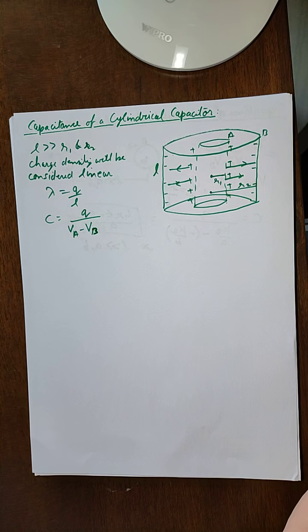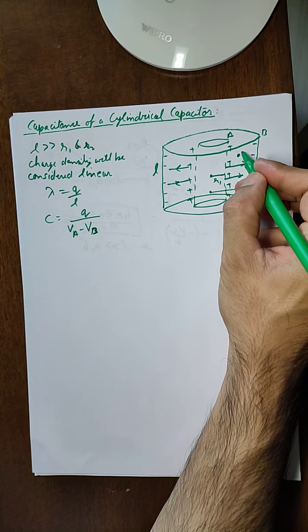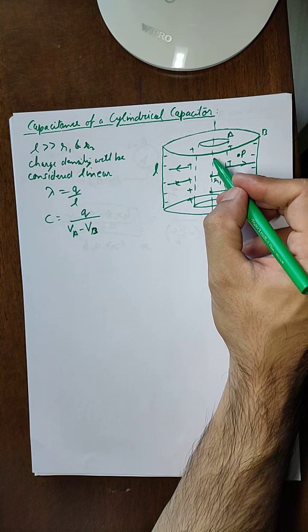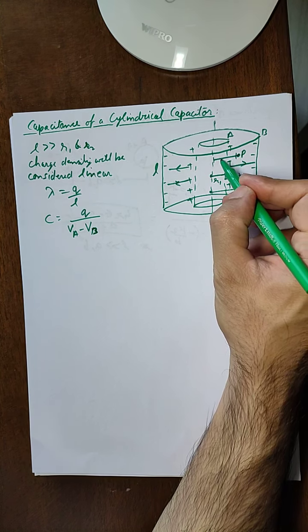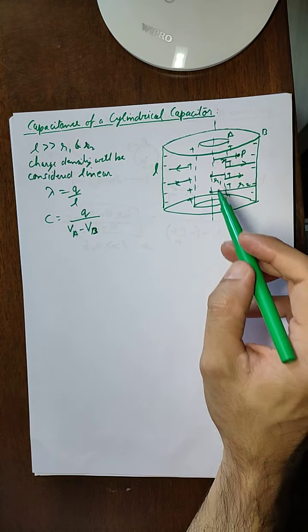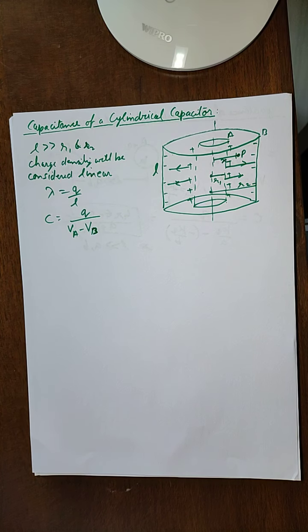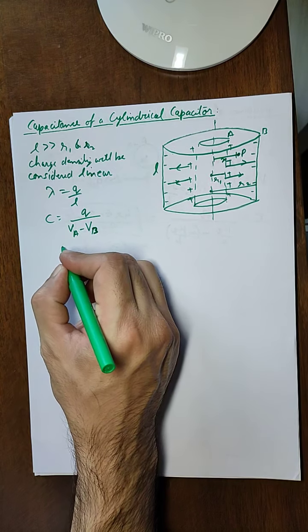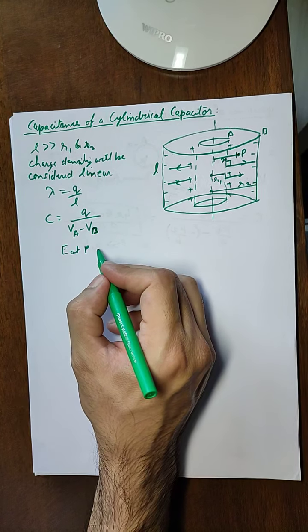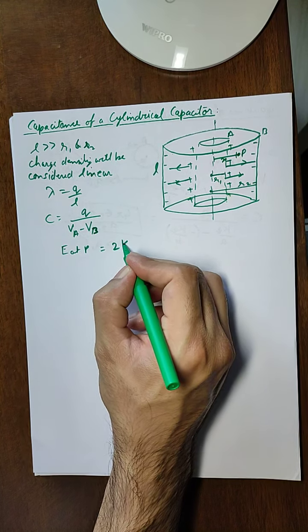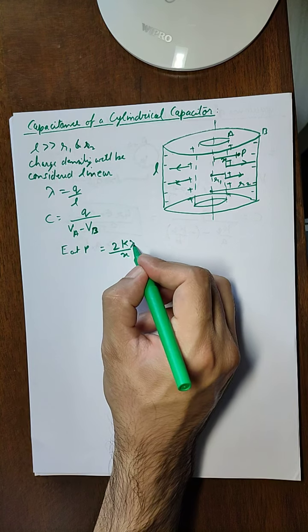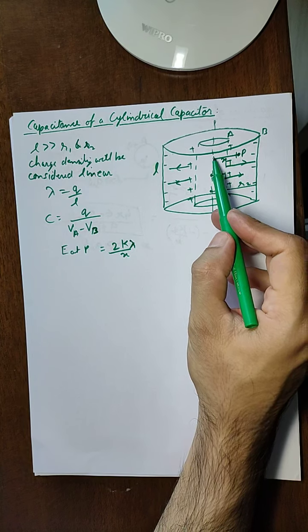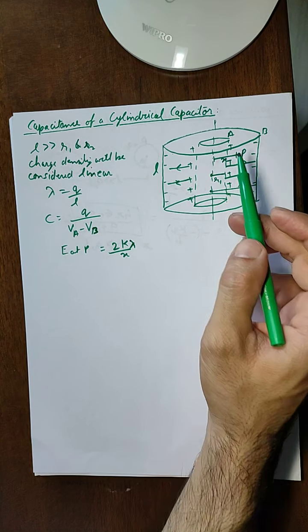We can take any point P at a distance x from the axis, and the electric field at P is given by 2k lambda by x. This we have already studied in the previous videos. Here x is the distance between the axis and the point P.